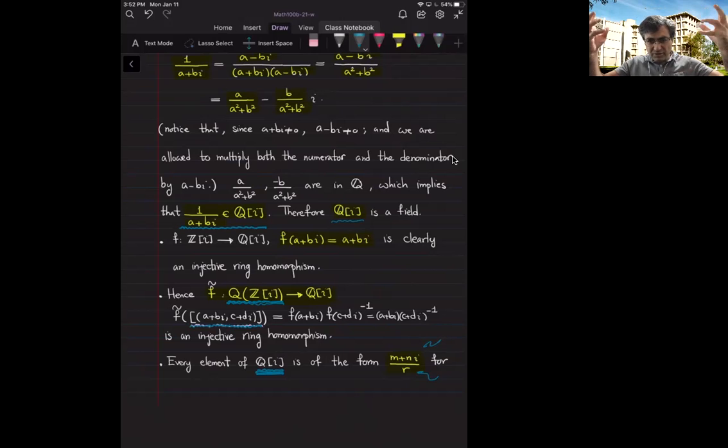But ordinary integers are also Gaussian integers. So I managed to write every element of Q[i] as a fraction of some Gaussian integer and another Gaussian integer, which means that F tilde is indeed surjective.